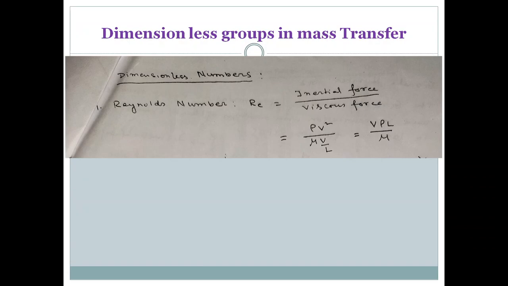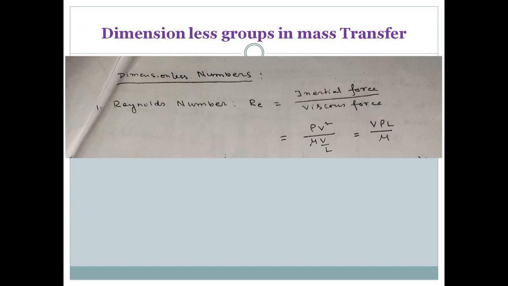Dimensionless means there is no dimension, isn't it? And that number has a wide application, it covers a vast range. That's why I tell you, if you take any fluid, and the geometry is circular, then you can take any diameter, 5 meter to 1 centimeter, whatever diameter.